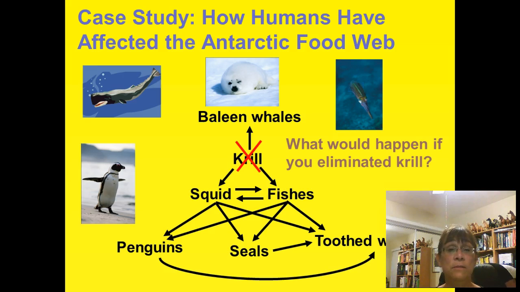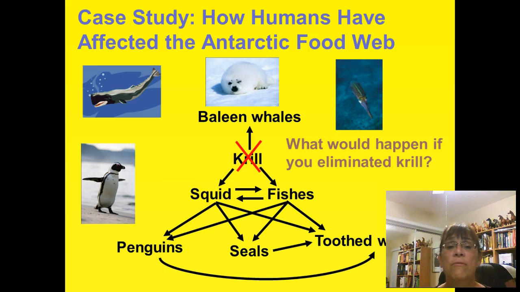It could collapse. This is called a keystone species. It's a species that holds a higher rank, if you will. Not on top of the food chain necessarily, but it has more influence on the food chain than another organism would have.